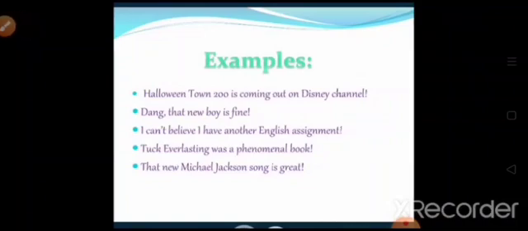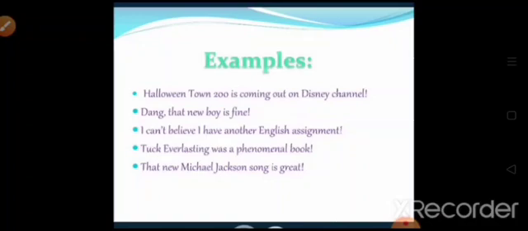For example: wow, the Chinese food is awesome! Halloween Town Zoo is coming out on the Disney Channel! Dang, that new boy is fine! I can't believe I have another English assignment! Tuck Everlasting was a phenomenal book! That new Michael Jackson song is great! What a beautiful painting! What a sharp memory elephants have!